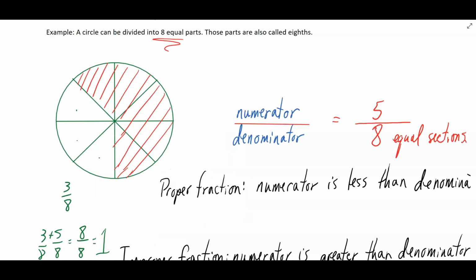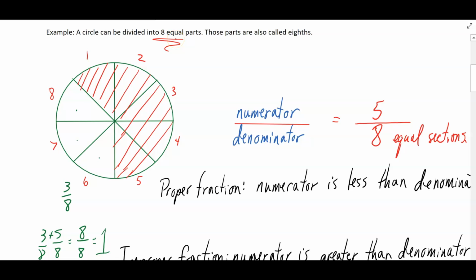As another example of eighths, we could also divide a circle into 8 equal parts. And so if you see here, I have a division there. Actually, we'll count them differently. 1, 2, 3, 4, 5, 6, 7, and 8 equal parts, okay?